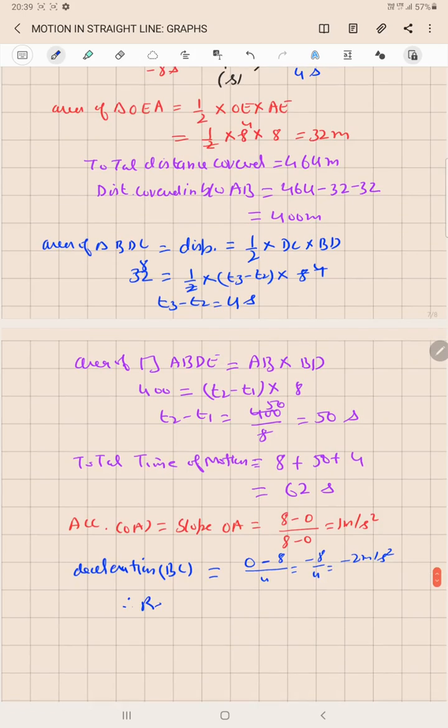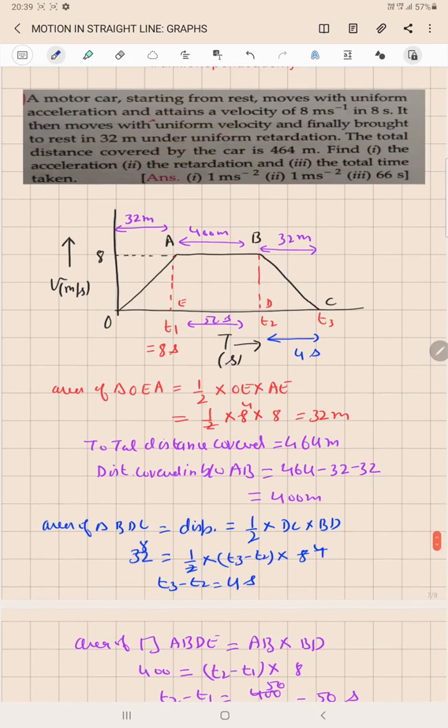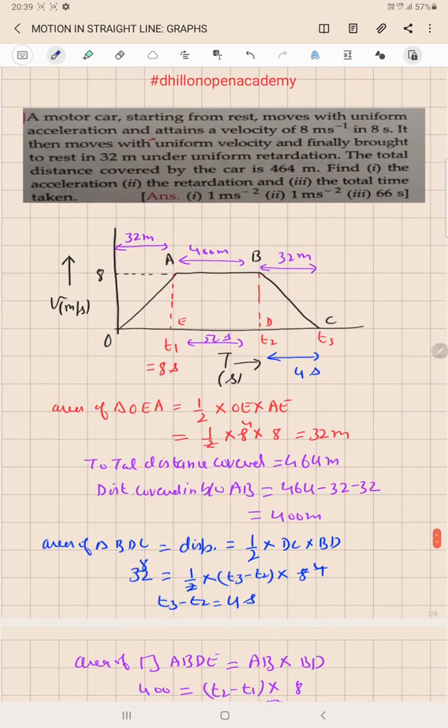So retardation is equal to negative of the acceleration, which is equal to 2 meter per second square. This is our answer.